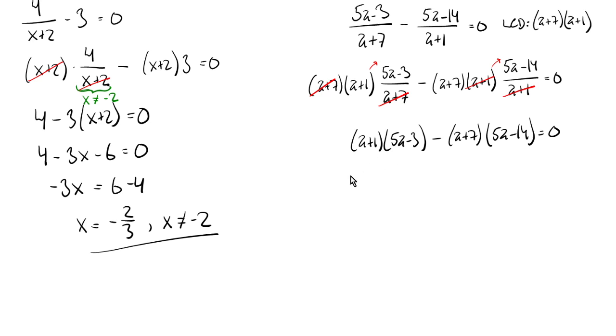So here I'm going to have 5a squared minus 3a plus 5a minus 3. And because there's a minus sign in front of that second term, we're going to put the product in brackets.